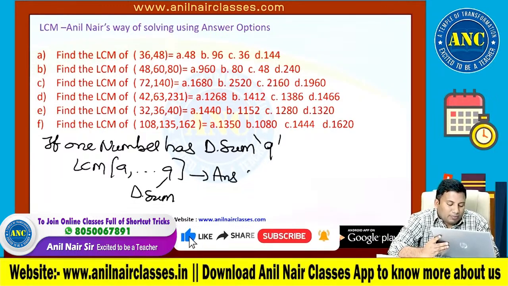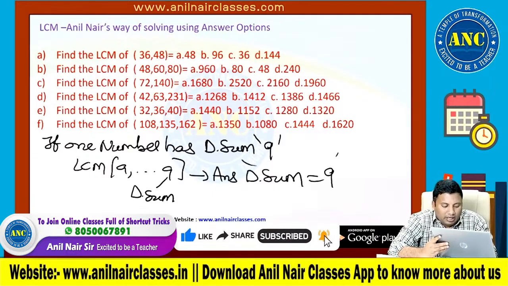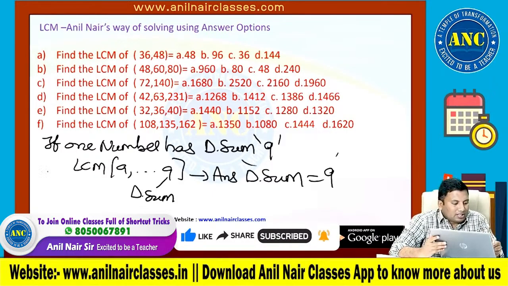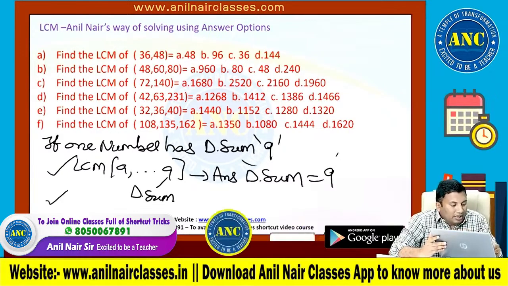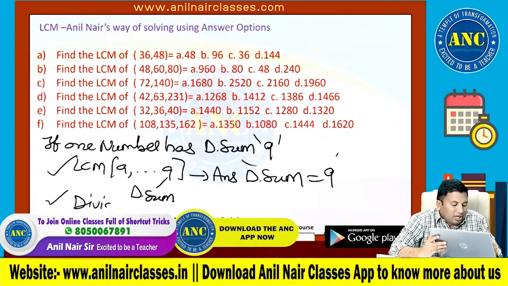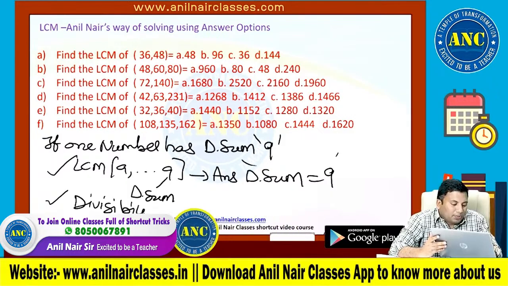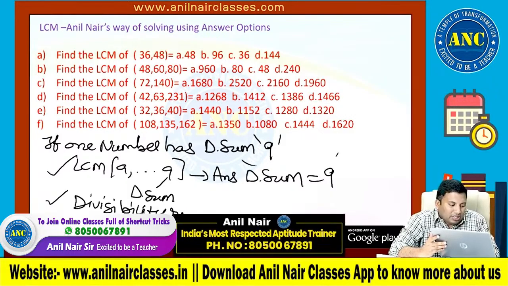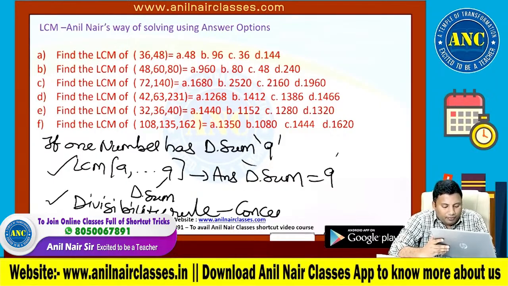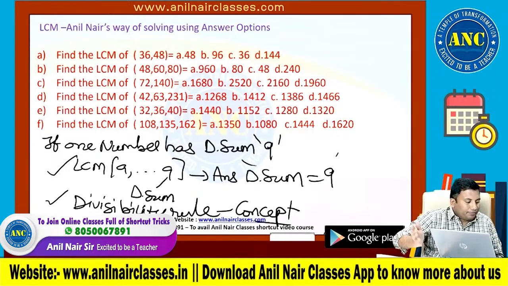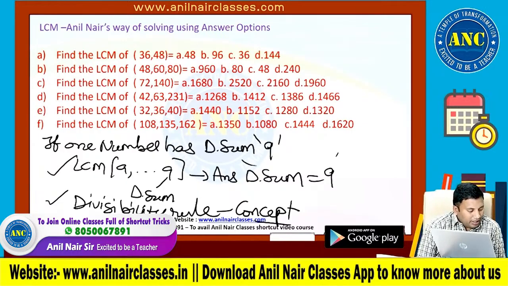Answer digital sum should be 9. That is the first one. Second one, divisibility rule concept: if more than one answer option has the same digital sum, use the divisibility rule concept. I hope it is clear.